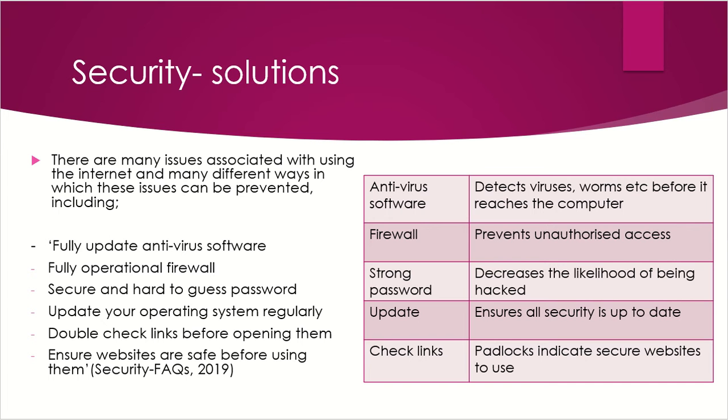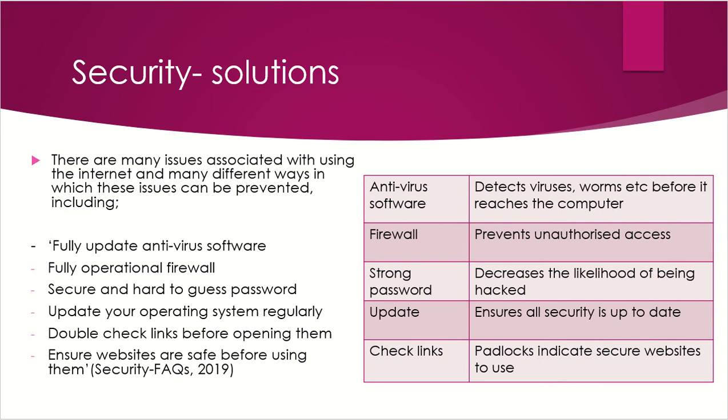Also, making sure the system is updated regularly will ensure all bug fixes and security fixes are done. When using the internet, some websites are unsecure, as indicated by a padlock next to the URL. If this is checked before the page is used, it will again reduce the risks.